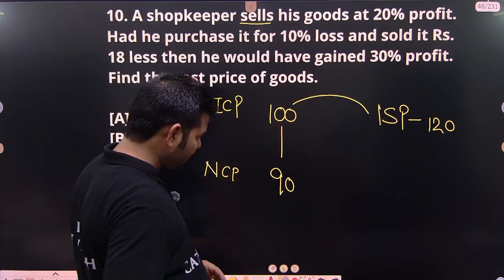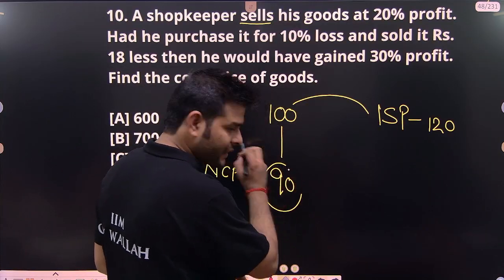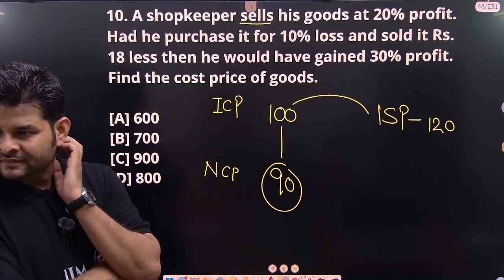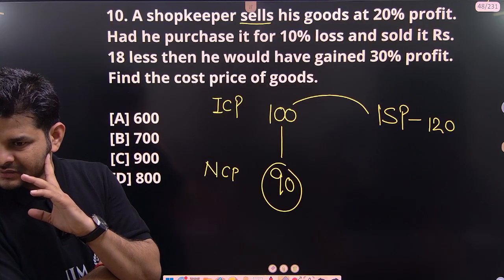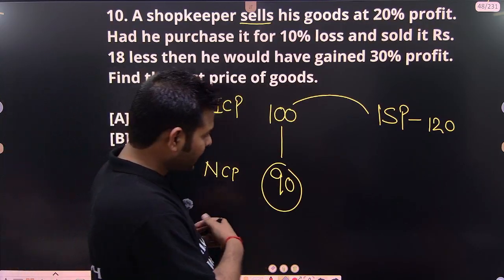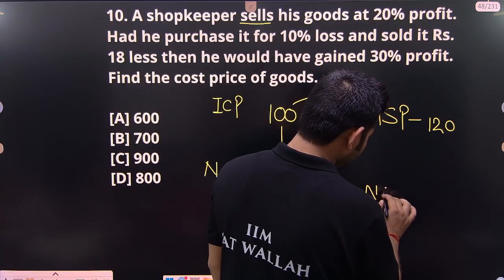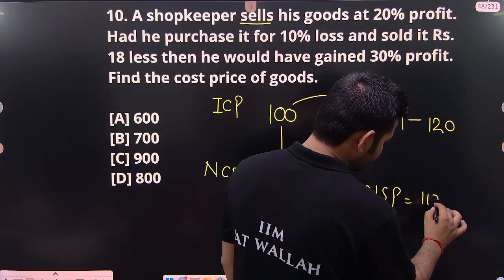After buying at 90 units, now he wants to sell, so there must be a new SP. He wants to make 30% profit on that. So what would be 30% of 90? So he wants to sell his item at the new SP of 117.